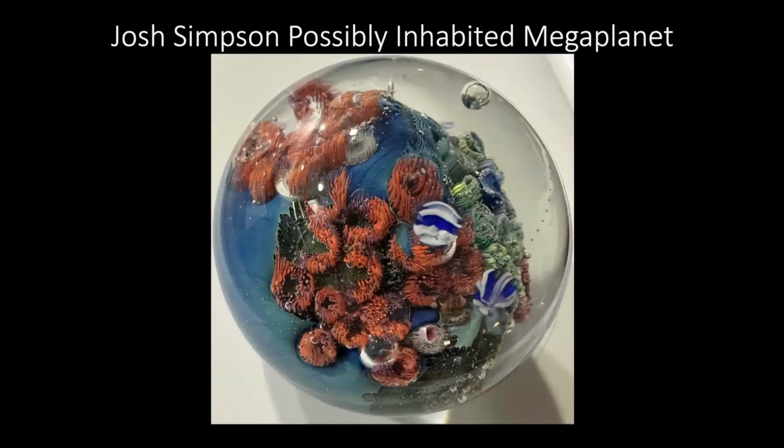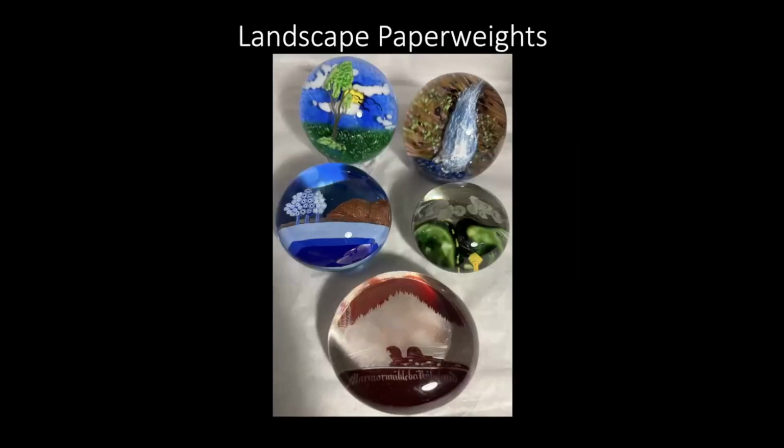What I'll be talking about are paperweights which come somewhere in between. That's what I mean by landscape paperweights. They are not that common. I'll be showing you a lot of different ways in which they are represented in paperweights and try to relate them to the sorts of paperweights you may be more familiar with.